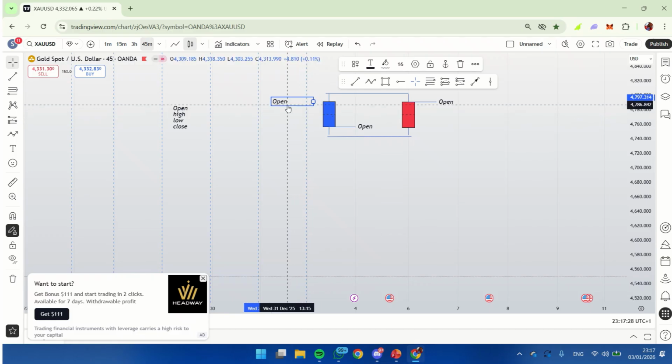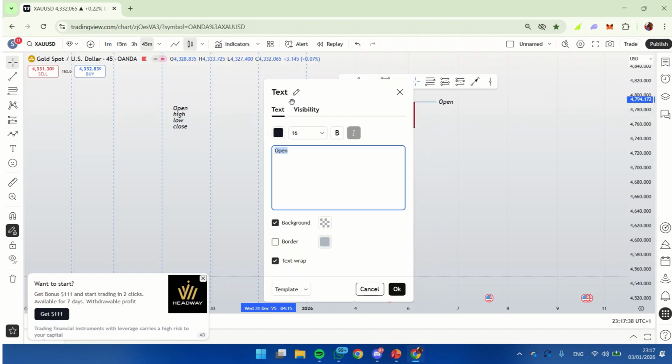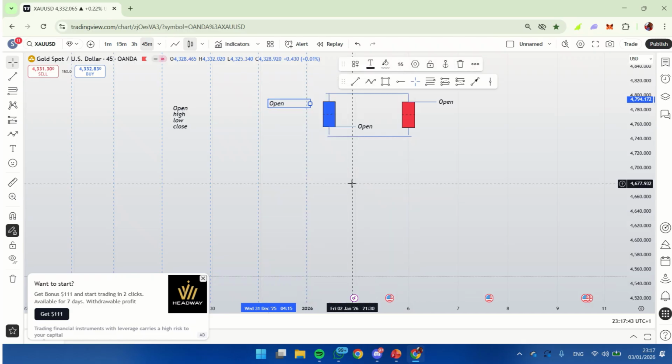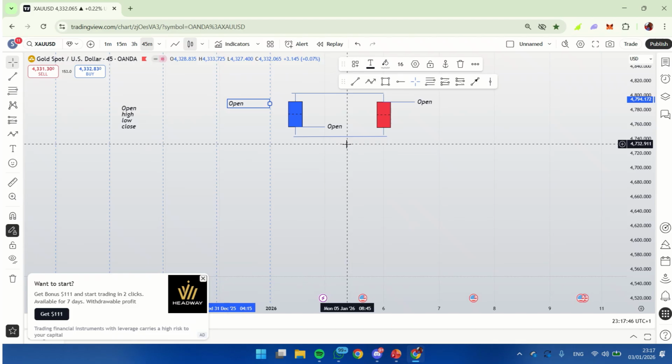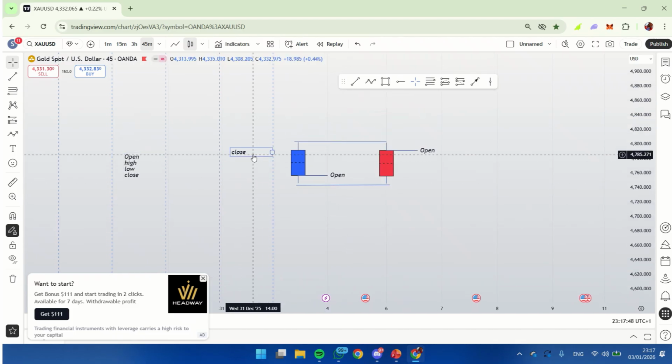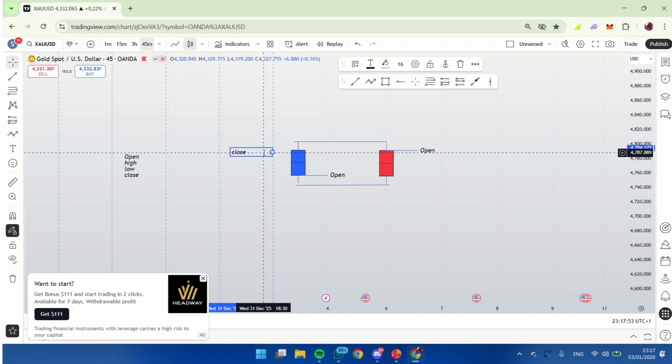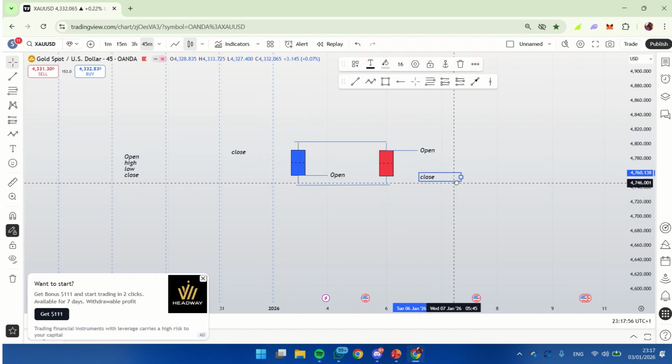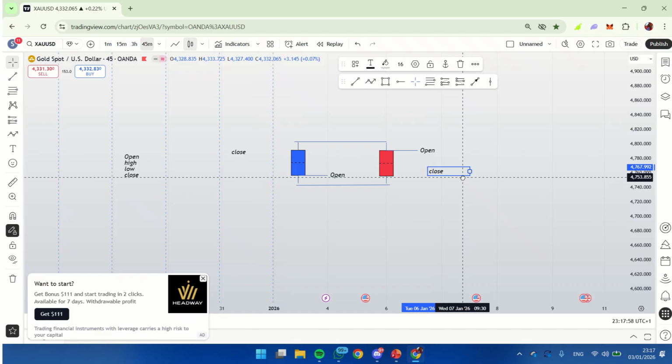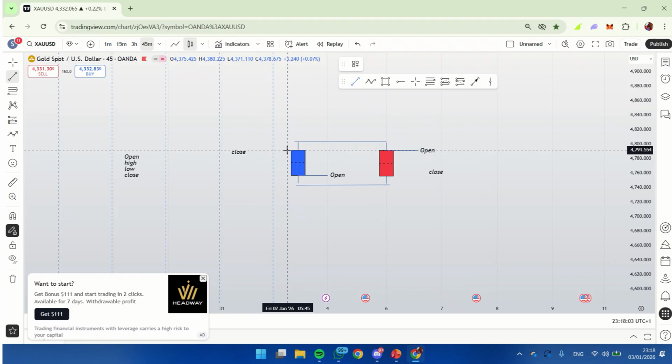Going to put close here. I don't know what is happening. Everything is just lagging. So I'll just need to put another close here. So this is the close for the bullish.